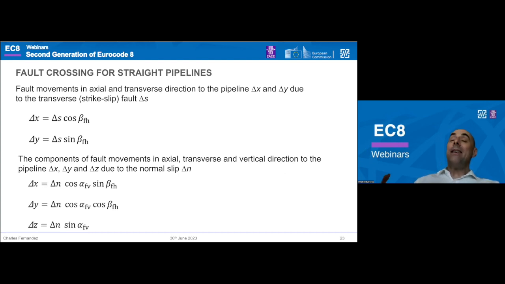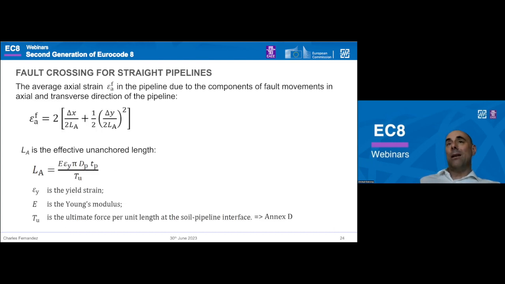And then if we are able to calculate the differential displacements, we can put it together, and we can calculate an average axial strain for each part of the pipeline, and we can assume on the safe side a wavelength which is incorporated here, and we can also calculate an effective unanchored length.